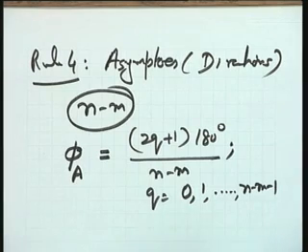So you need n minus m directions, and this formula is going to give you n minus m directions. I will apply it on some problem. In this particular case, for example, you are going to get only one angle, and that angle is 180 degrees.